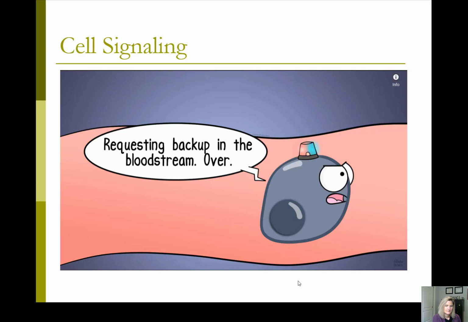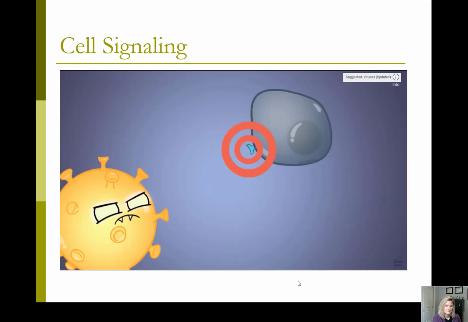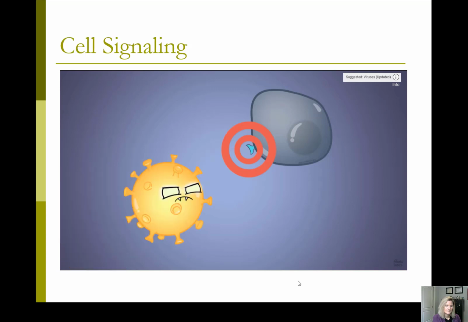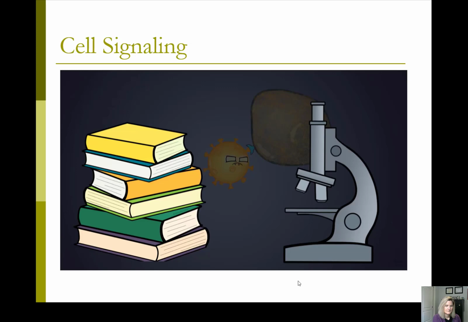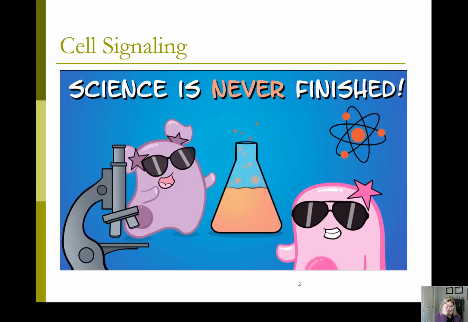But as mentioned in our viruses video, HIV targets that CD4 receptor. It is because of the virus binding to that receptor on helper T cells that the virus can attach and infect the cell in the first place, a fact that continues to be researched for treatment options. The understanding of the details of cell signaling continues to expand.